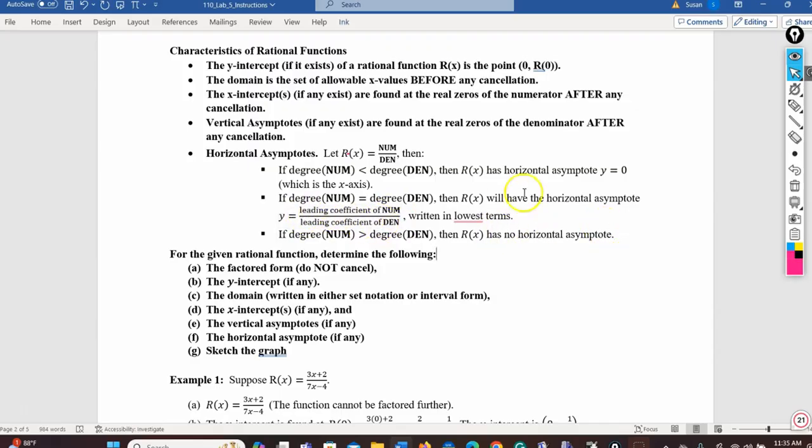So if you had something like y equals 2/4, you would reduce that because the answer would be y equals a half. You wouldn't leave it like that. So that's what it means in lowest terms or in lowest form. Now, if the degree of the numerator is bigger than the degree of the denominator, you don't have a horizontal asymptote.